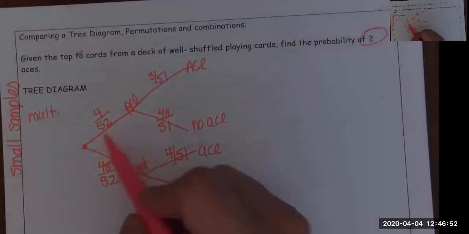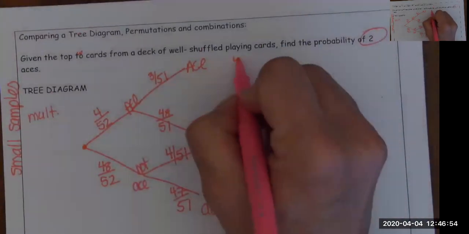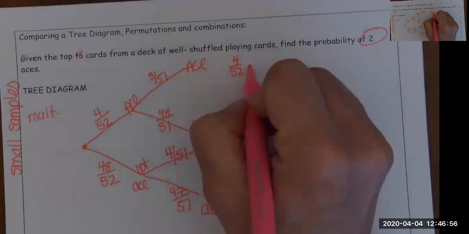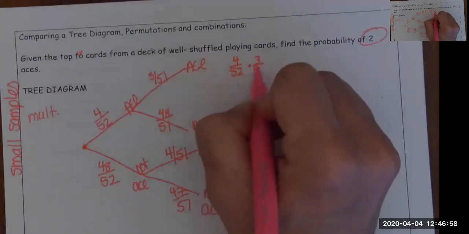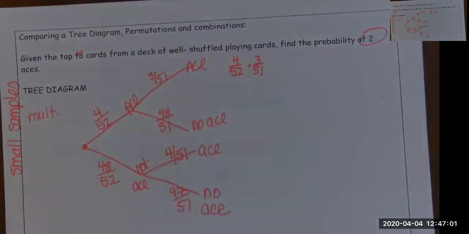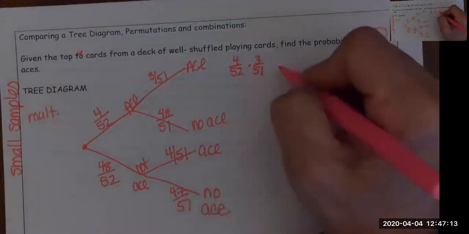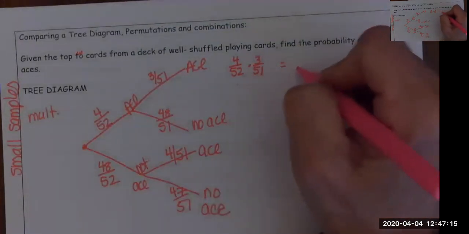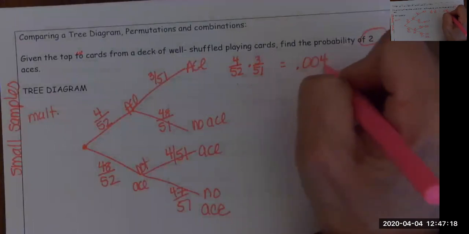So the probability of 2 aces here is going to be 4 out of 52 times 3 out of 51. And that is what? Work it out on your calculator. I got 0.0045.